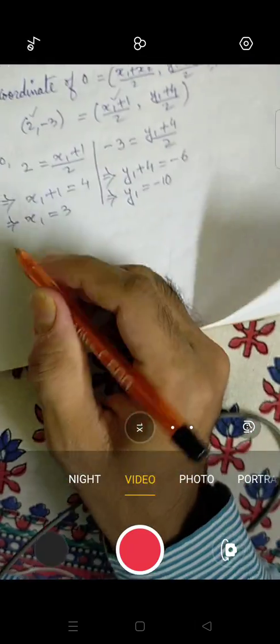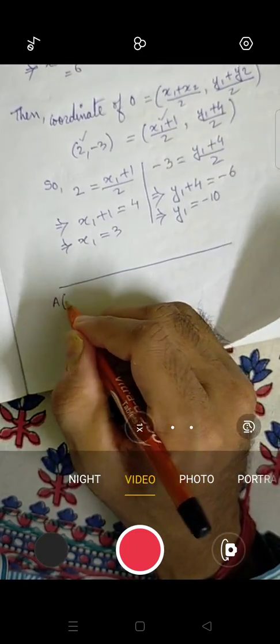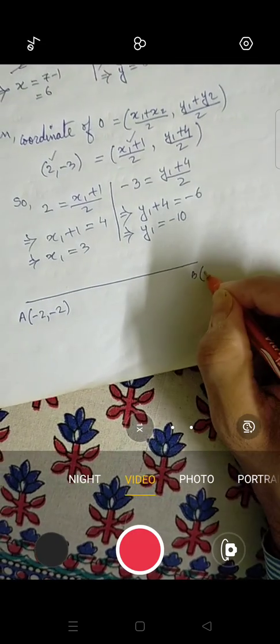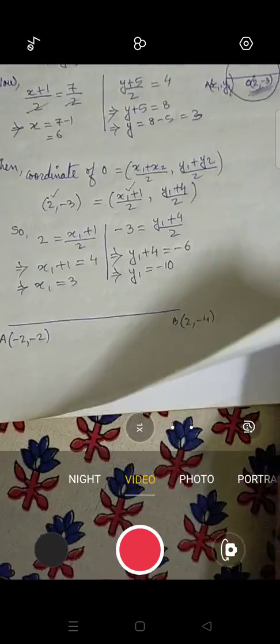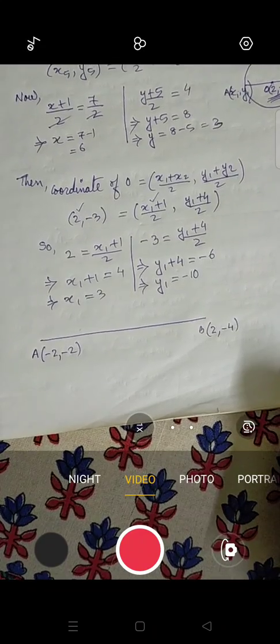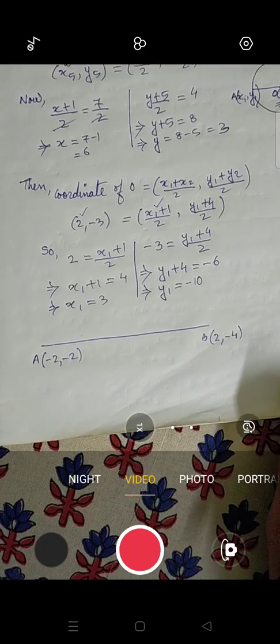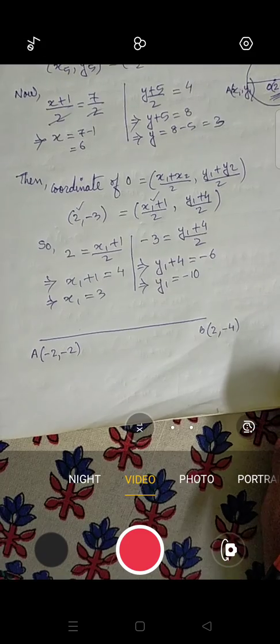I will draw this diagram here. Let us suppose this is AB. So this is A and the value is (-2, -2), and this is B and its value is (2, -4). So these two values I have taken. Now in the question it was said, find the coordinate of P such that AP equals 3 by 7 of AB.